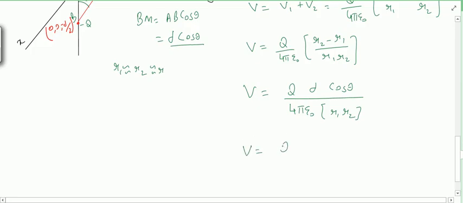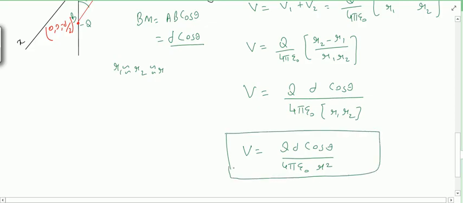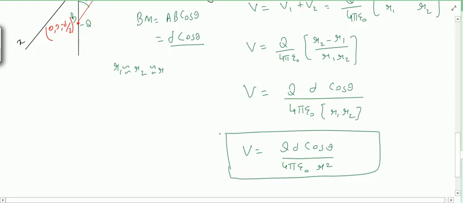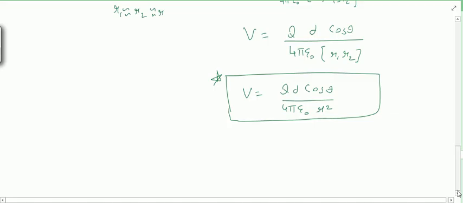So I can write V is equal to q d cos theta divided by 4 pi epsilon naught r square. This will be the value of potential at a certain point due to a dipole. Okay, so you can use this expression to find electric potential due to dipole.